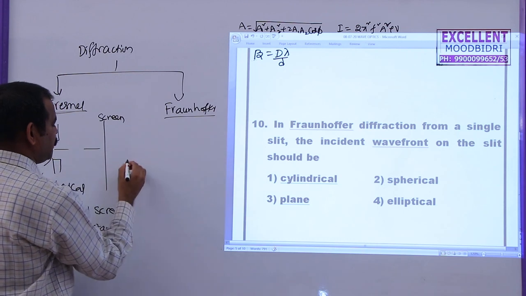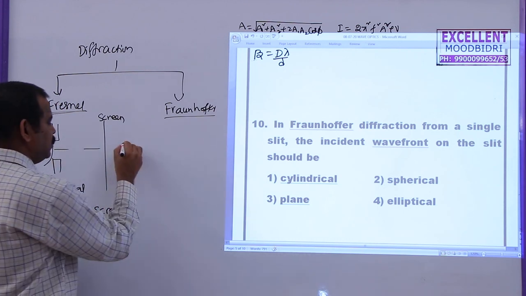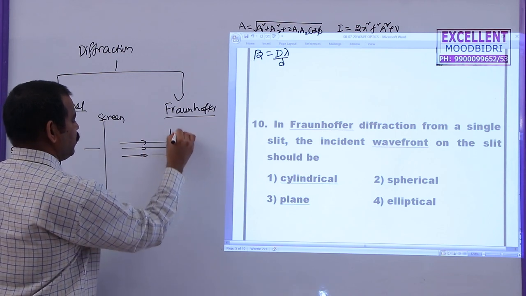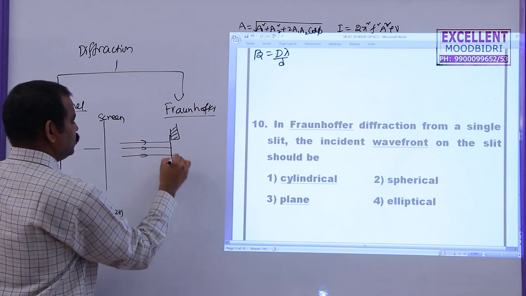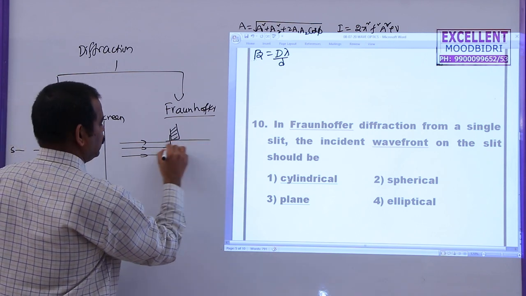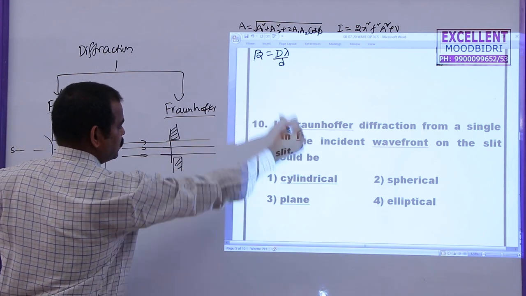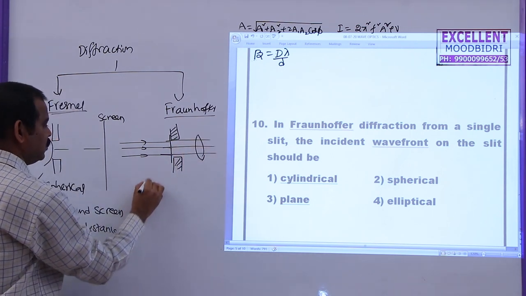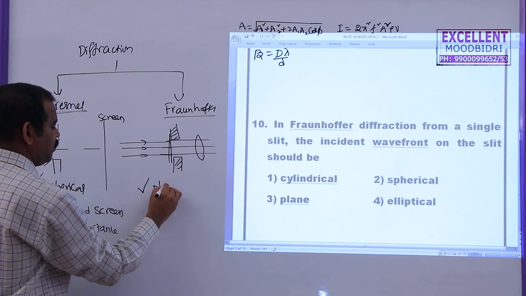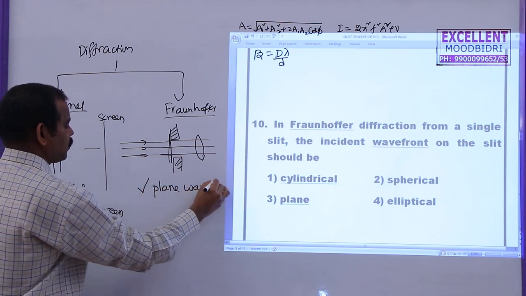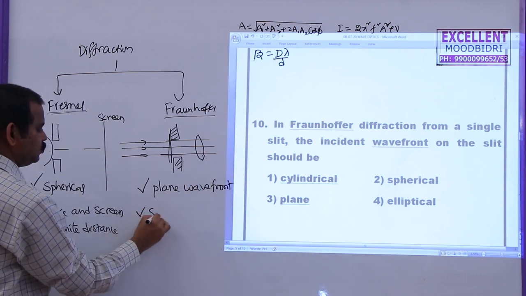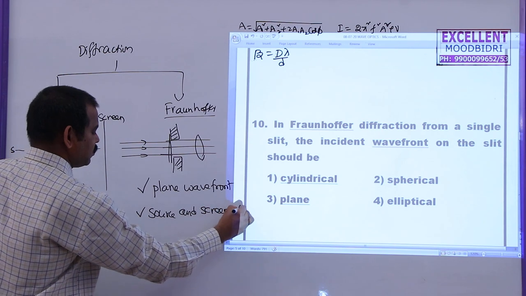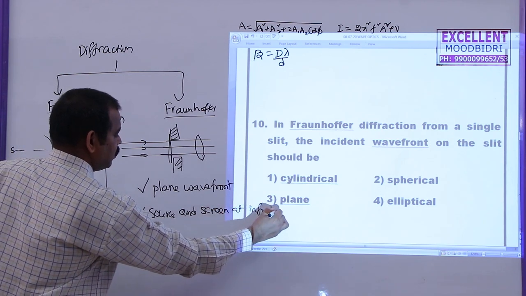But in Fraunhofer diffraction, the source is at a large distance. A source at infinite distance will produce a plane wavefront, and this is the slit through which it is passing. So here it will pass like this, and the screen will be placed somewhere at a large distance. To focus this, we are using lenses. So here the wavefront is a plane wavefront, and the source and screen are at infinite distance.